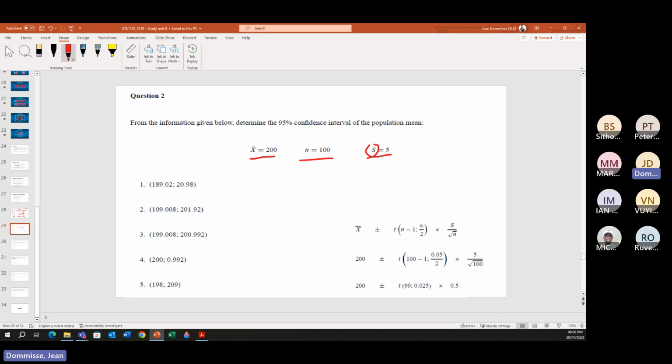Now we go back to chapter 1, where we did all the signs and those things. And I always said S goes with sample. Okay, so here we've got the sample standard deviation.